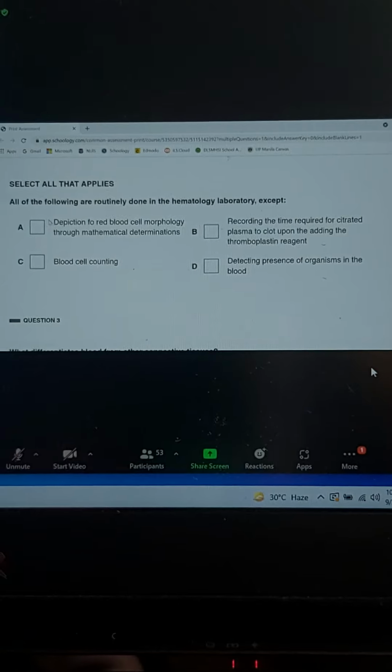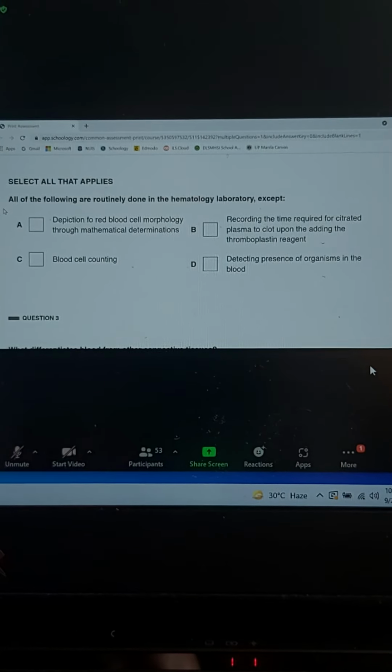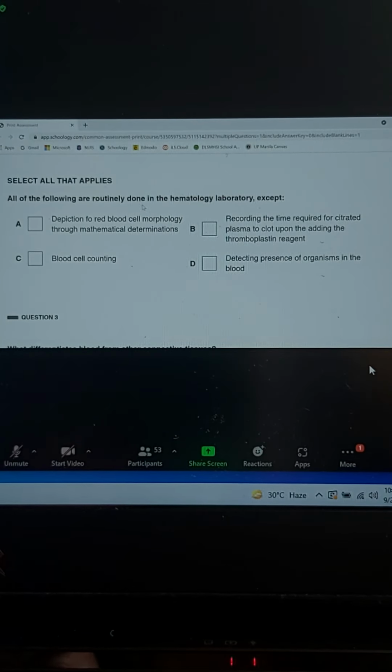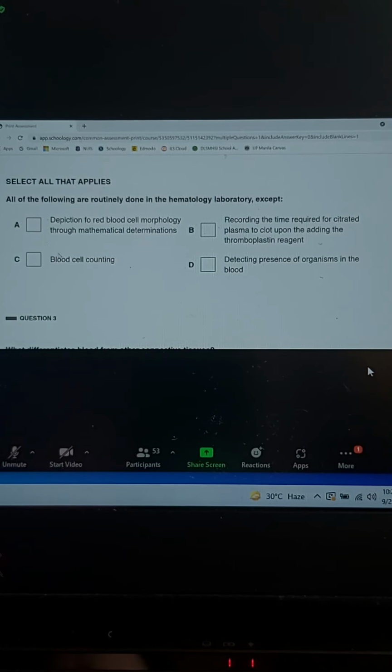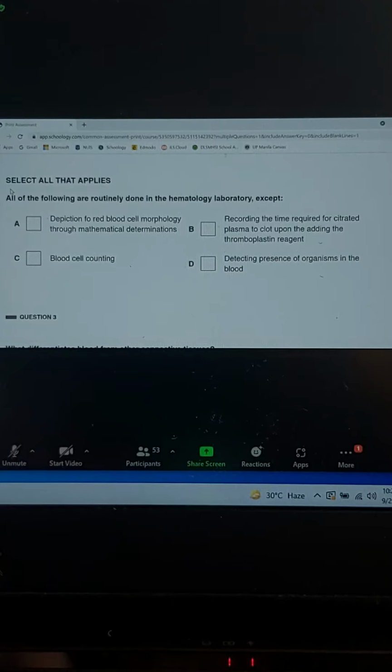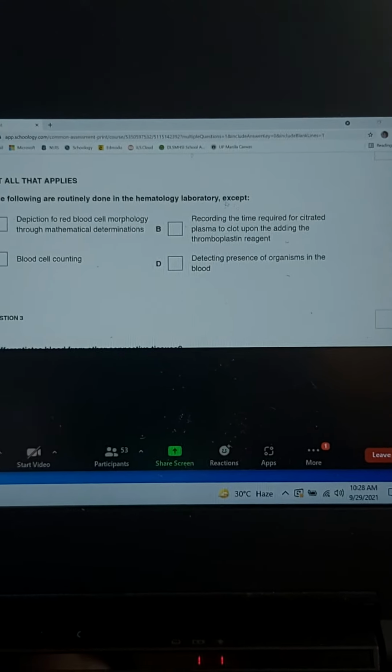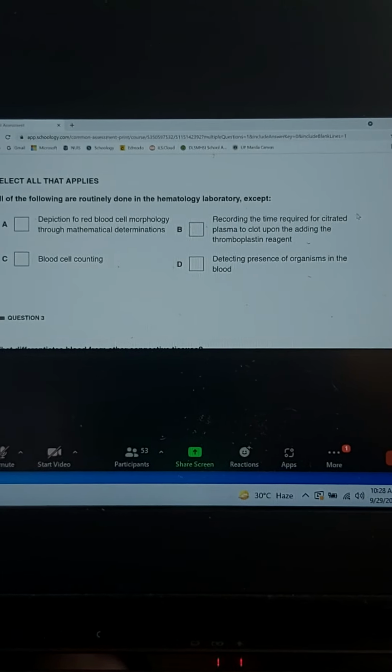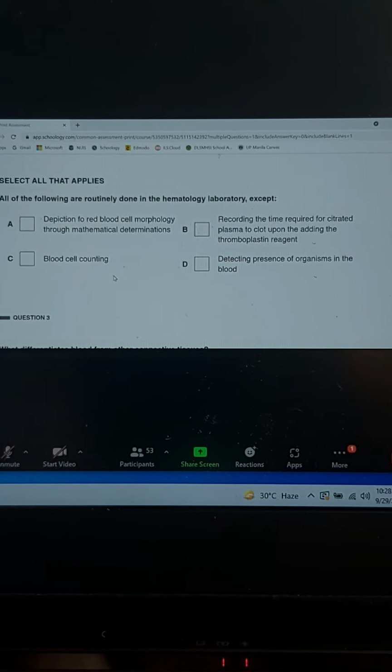And then for number 2, all of the following are routinely done in the hematology lab except. So what's the correct answer for this? Anyone? Is it letter A, B, C, or D? Sige, go.